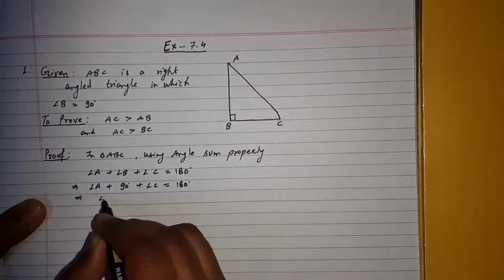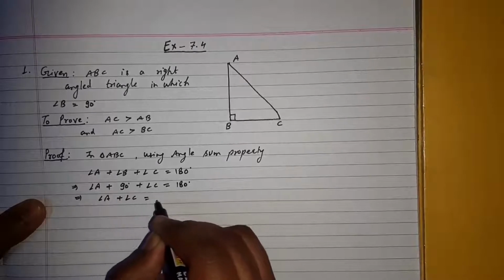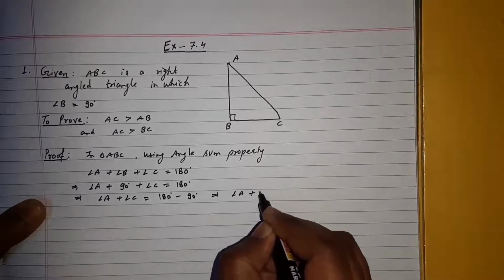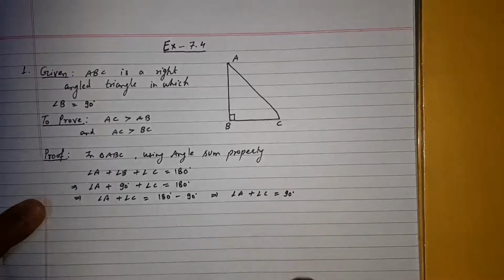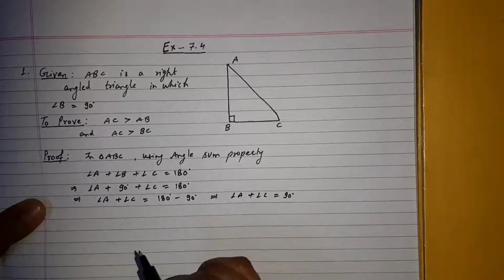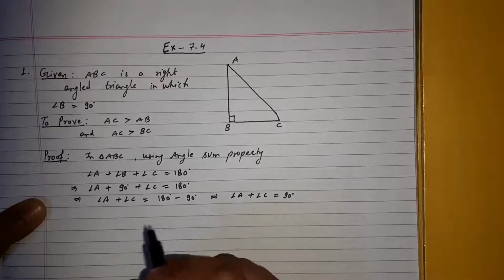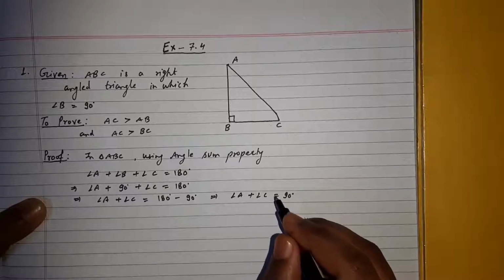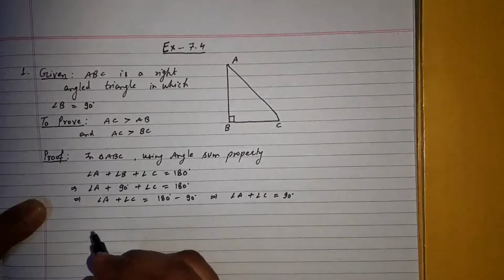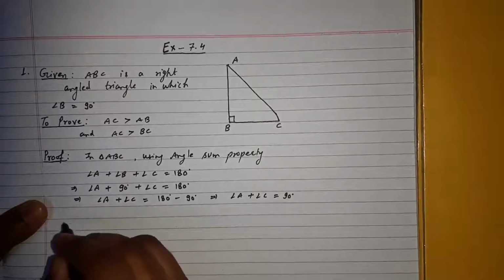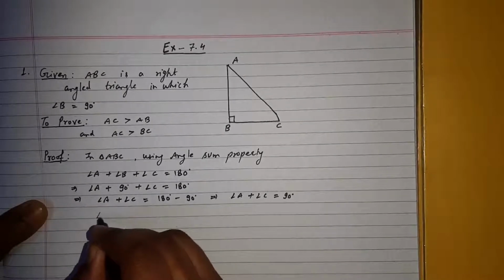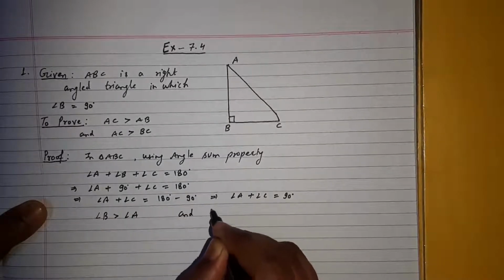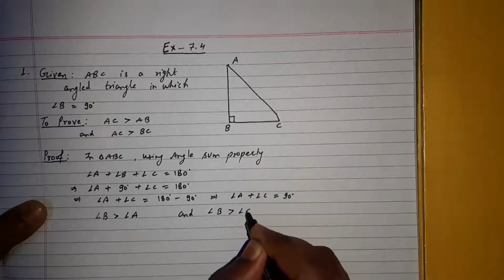Now transposing, angle A plus angle C is equal to 180 minus 90. It means angle A plus angle C is equal to 90 degree. So here the value of angle B is 90 and the sum of angle A and angle C is 90. So we can say here angle B is greater than angle A and angle B is greater than angle C also.